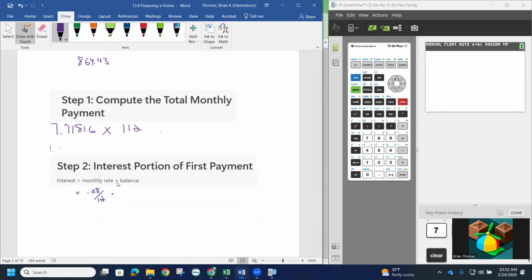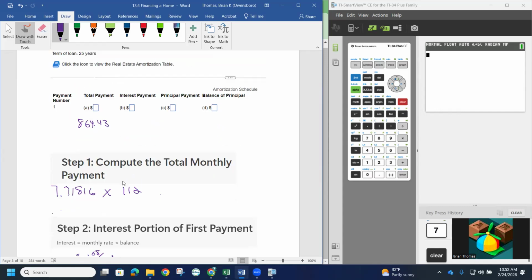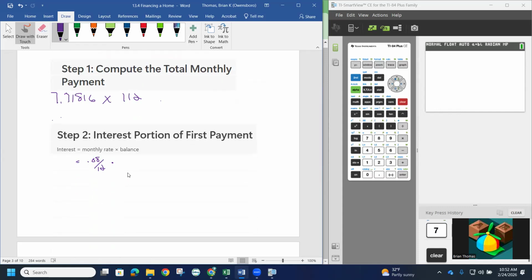Right now, we haven't made a payment yet, so we still owe $112,000. We're going to figure out how much interest we pay on 112,000. Again, we can type in 0.08 divided by 12, and that'll give us our monthly interest rate.